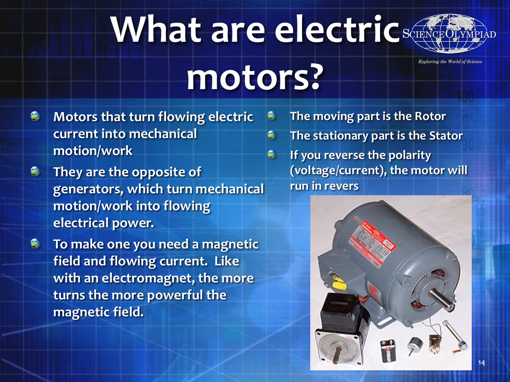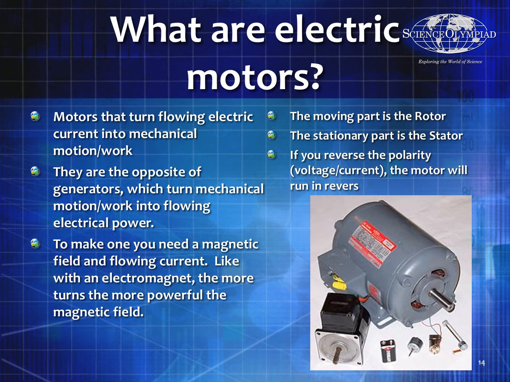So what are electric motors? Basically, an electric motor is something that takes that magnetic force that is created, remember it's Q, V cross B, and turns that into mechanical work.